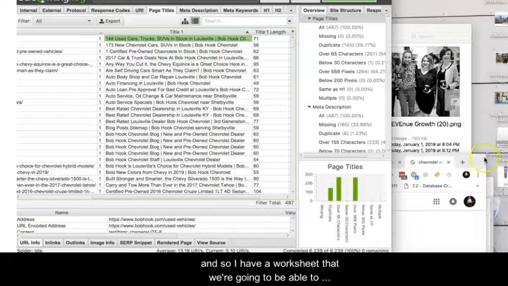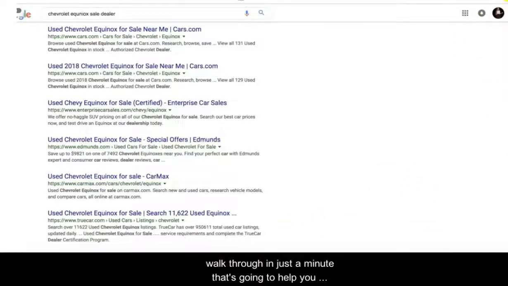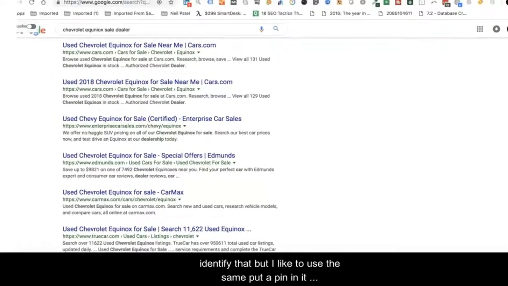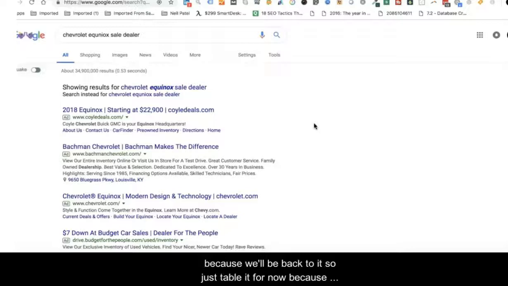And so I have a worksheet that we're going to be able to walk through in just a minute that's going to help you identify that. But I like to use the saying, put a pin in it, because we'll be back to it. So just table it for now, because we'll be going through, okay, what information do I put in those page titles, even if I have a 10-page site, to best meet my customer where they are.